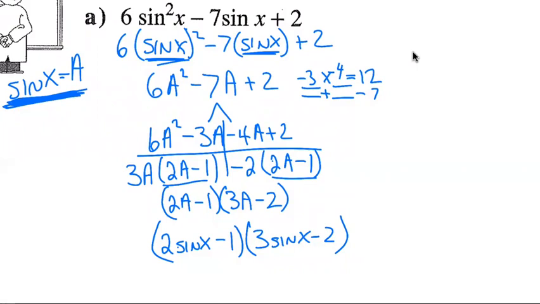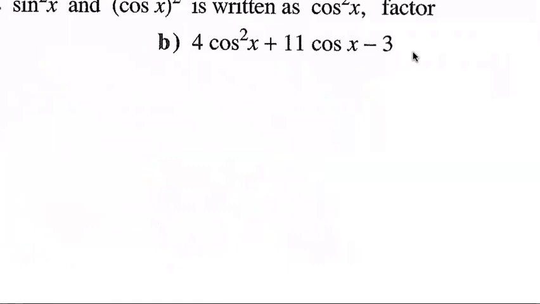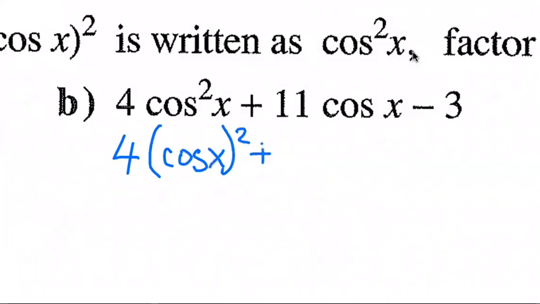So if we do question B, 4 cos squared x plus 11 cos x minus 3. So this is also the same as 4 (cos x) squared plus 11 cos x minus 3.